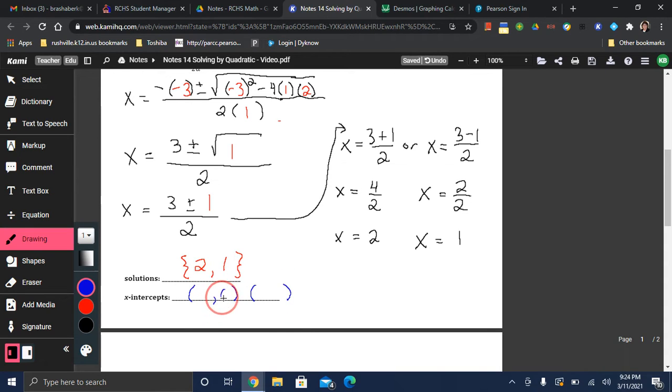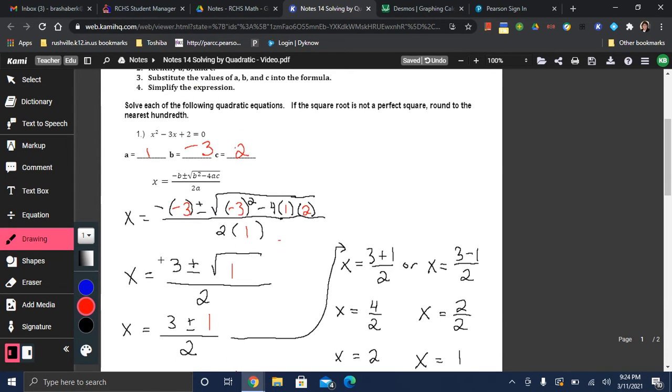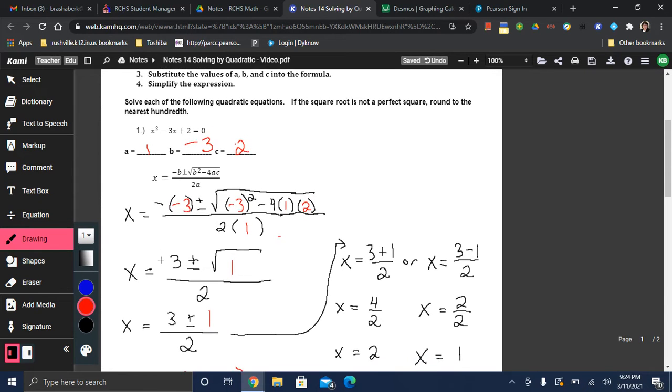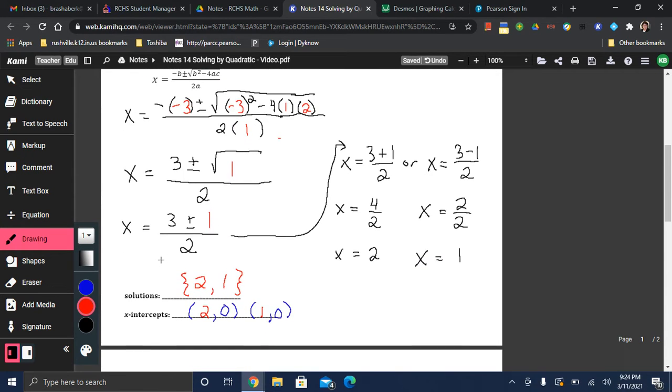Remember, x-intercepts, that y value is a 0, and then the x value is from your solutions. So this equation would have x-intercepts. It would cross the x-axis at (2, 0) and at (1, 0). So those are our solutions.